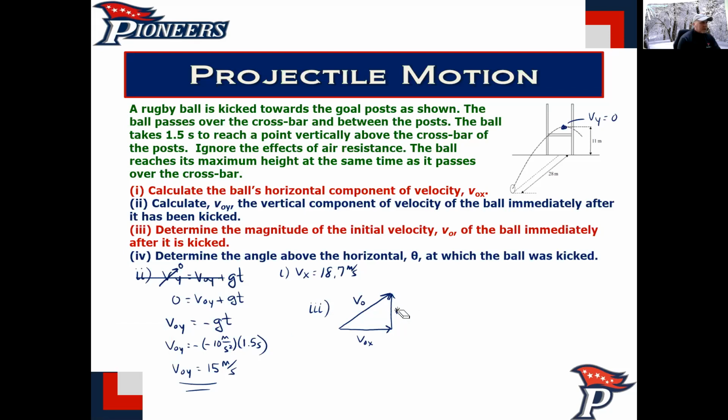Here's theta, and we don't know theta, so I can't use trig, but I can use Pythagorean's theorem because I have the two sides. I've solved for them, so I can solve for the initial velocity by taking the square root of both sides. That was 18.7.